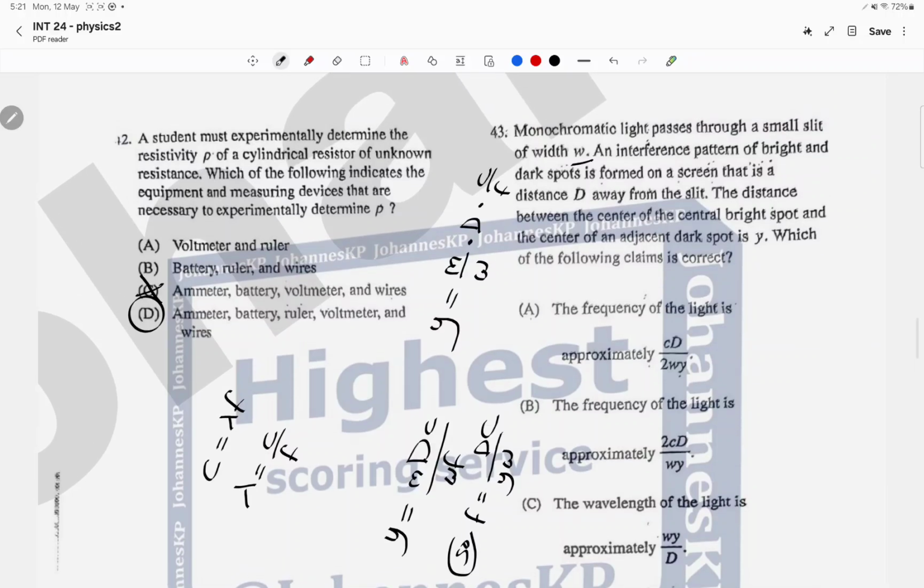But where did that 2 come from? Actually, let's go back. The adjacent dark spot. Okay, that means that M is half. M is half.